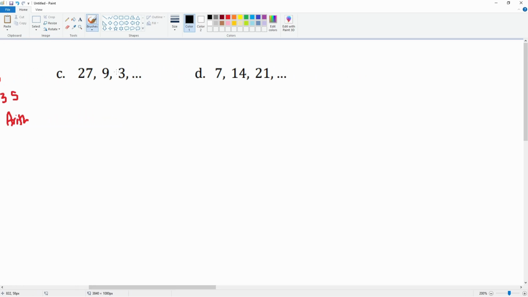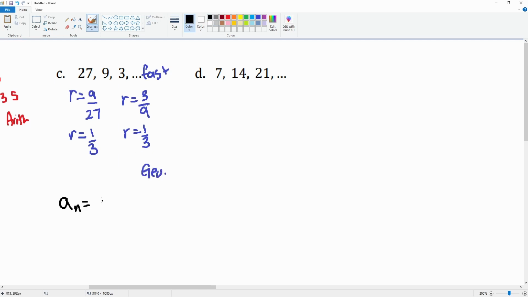See, 27, 9, 3. Yep, this one looks pretty fast. So let's check for the common ratio. 9 divided by 27 looks like it is 1/3. Let's double check it: 3 divided by 9, r is equal to 1/3. Okay, that is correct. This is the explicit formula for a geometric sequence because it is going pretty fast.